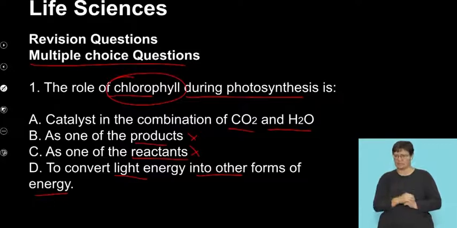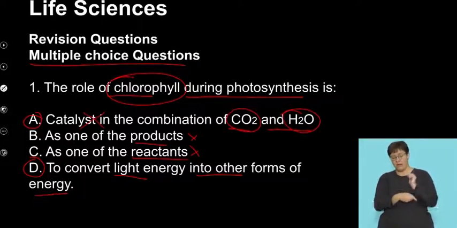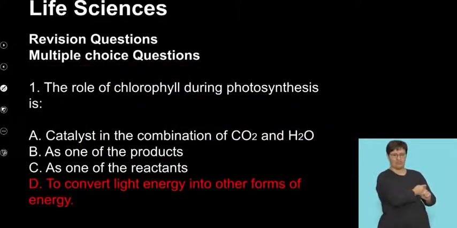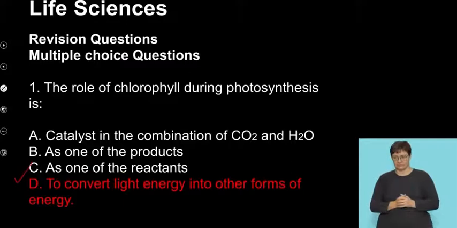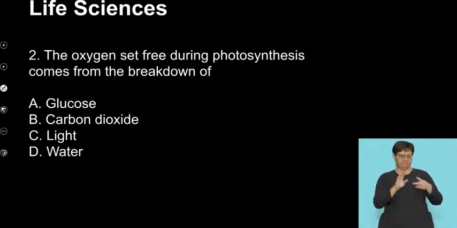So we've got to choose between A and D. And clearly, is there a catalyst in the combination of oxygen, carbon dioxide and water? That's certainly not true. And the most correct answer in this would be the conversion of light energy into other forms of energy. As I mentioned, it would be spot on if you figured out that it was D. Let's move on to the next question.